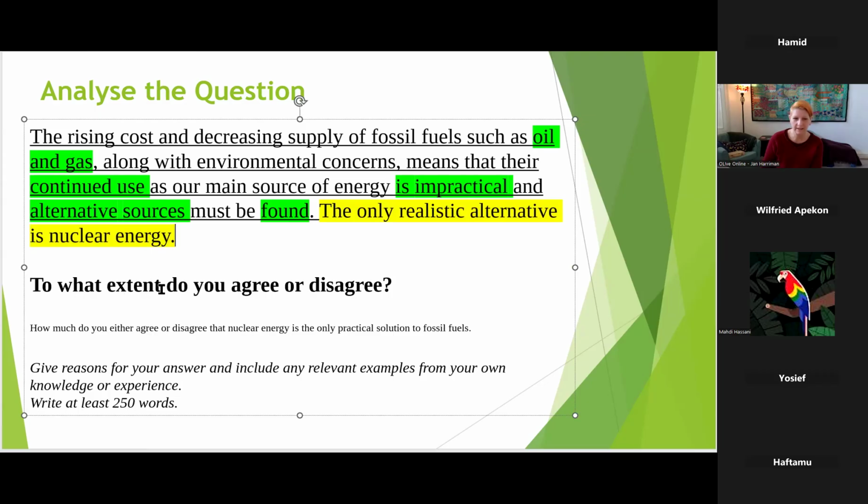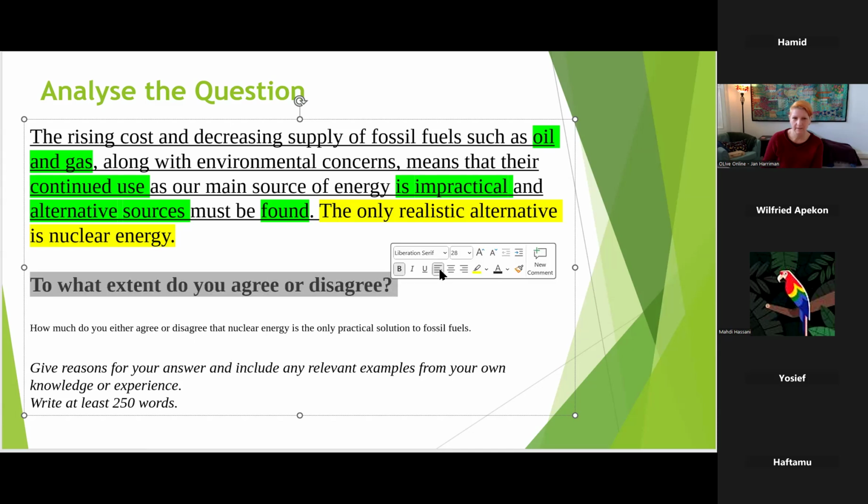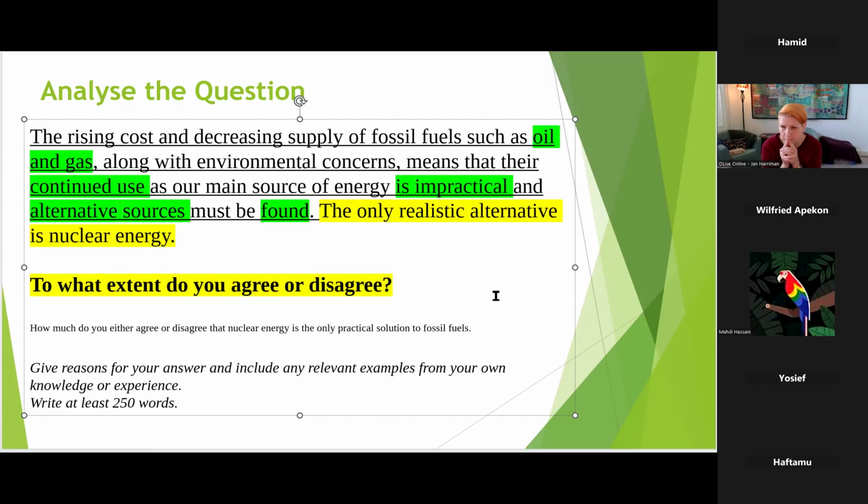And you're being asked to agree or disagree with it. Can you see that? Yes. Okay. Was everybody with me? Okay. So this is how we figure out what it is we need to talk about.